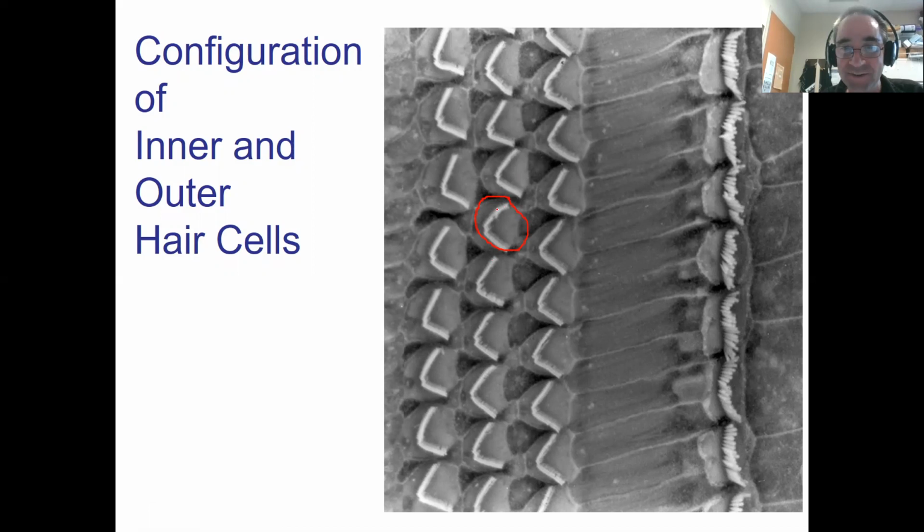And you can see these V-shaped arrangements of the stereocilia. So there'd be 3 rows of those, with the tallest ones pointing towards the outside. And over here we have the inner hair cell. So again, here's the top of one inner hair cell, and here's the tall stereocilia, and there'd be at least 1 row of shorter ones towards the inside part of the spiral there.